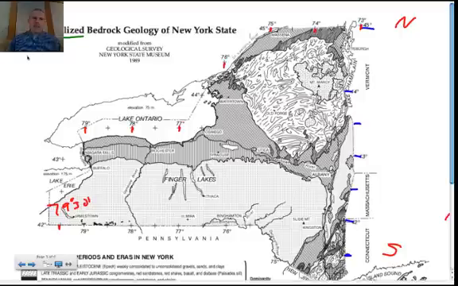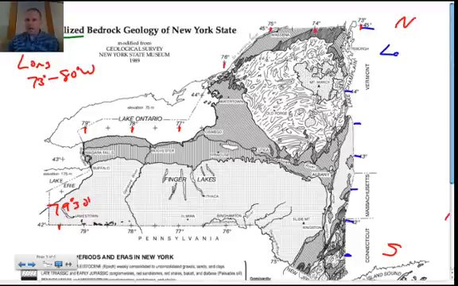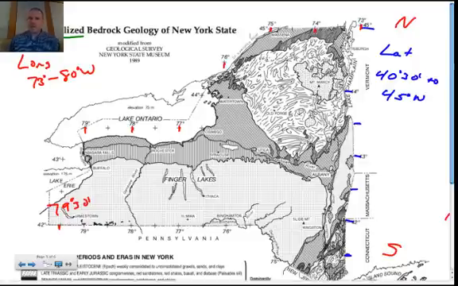We need to know that in New York State our longitude is from 73 degrees to, we're going to say, 80 degrees, and we are west longitude. And we should know that our latitude goes from approximately 40 degrees 30 minutes to the north end at 45 degrees, and those are north. You need to know these numbers because they'll ask you questions about New York State on the regions, and it's really good to know that you need to be in those particular ranges.